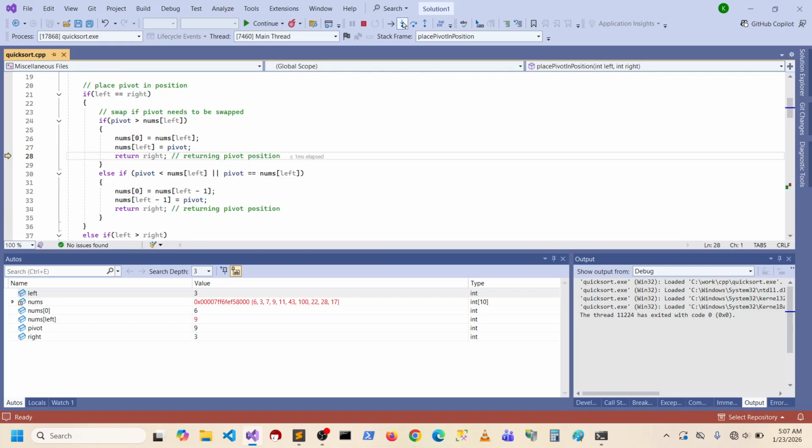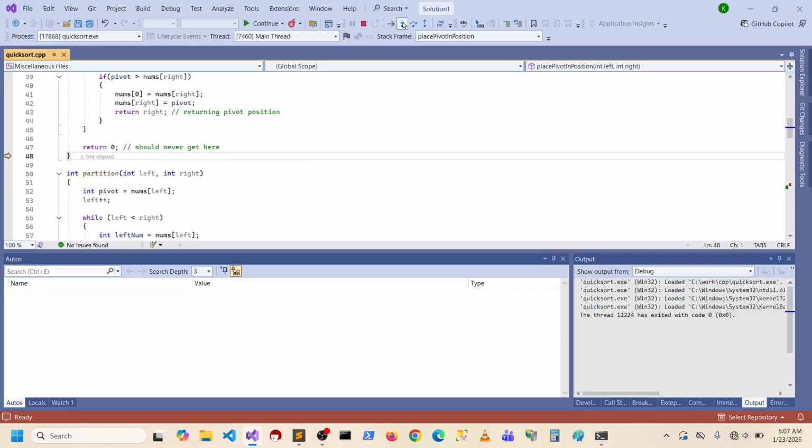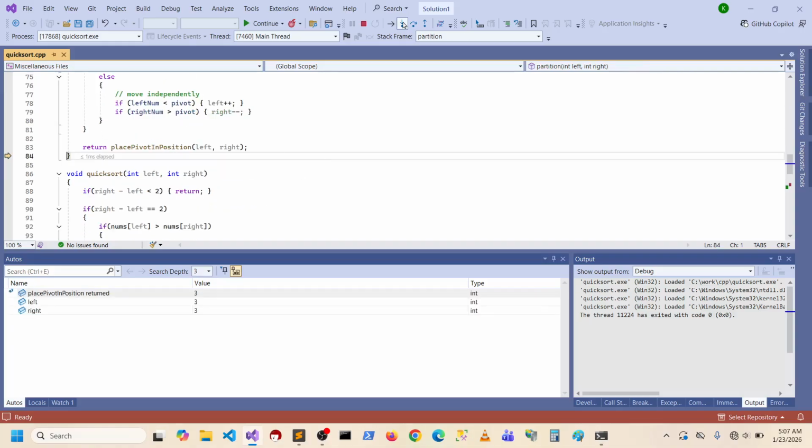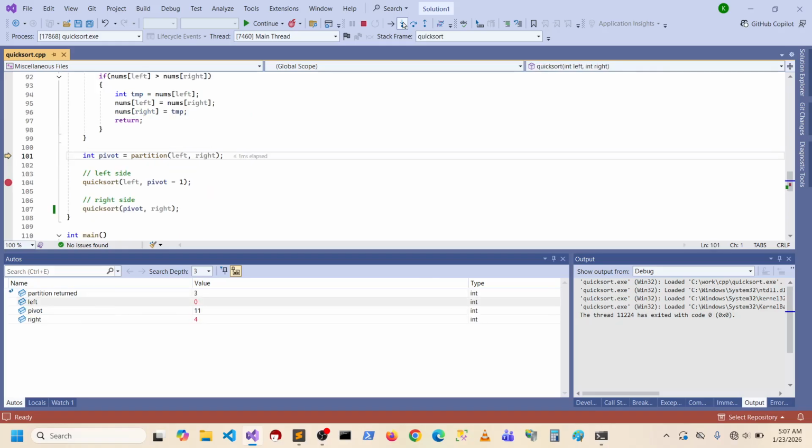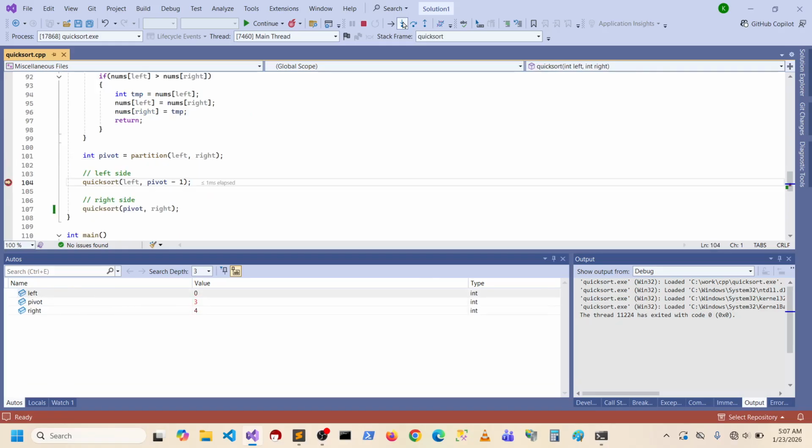We swap that out. So the pivot return is 3.